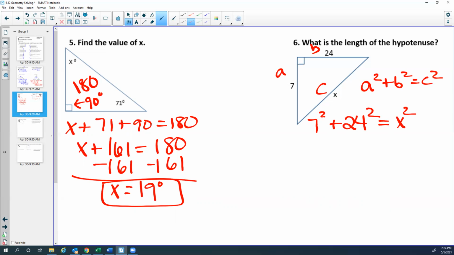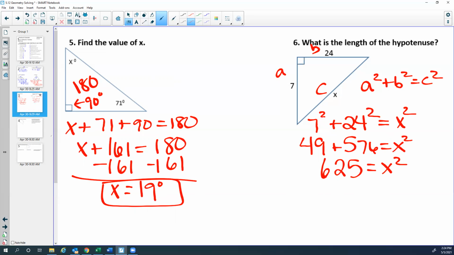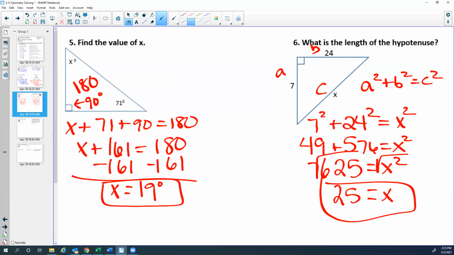So I now have 49 plus 24 squared, which is 576, equals x squared. Well, 49 plus 576 is 625, equals x squared. And then this last part, we are very familiar with this. Take the square root of both sides and do that in my calculator to get 25 equals x. And that is my last side.